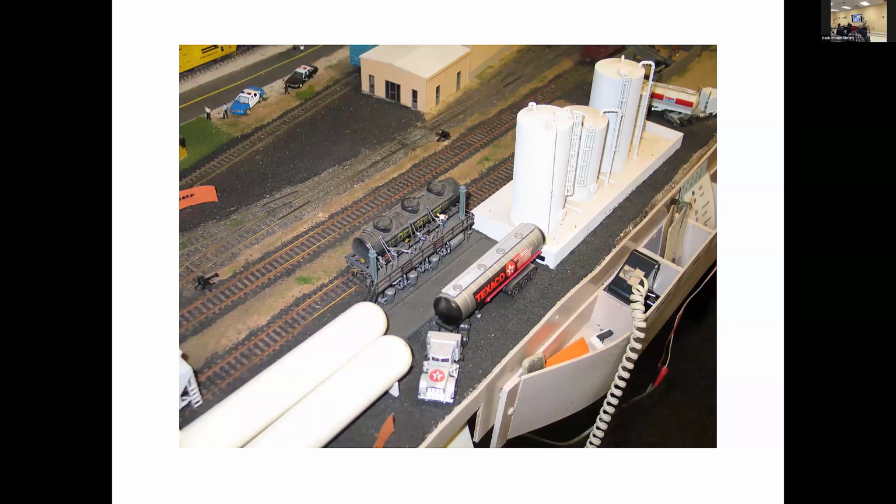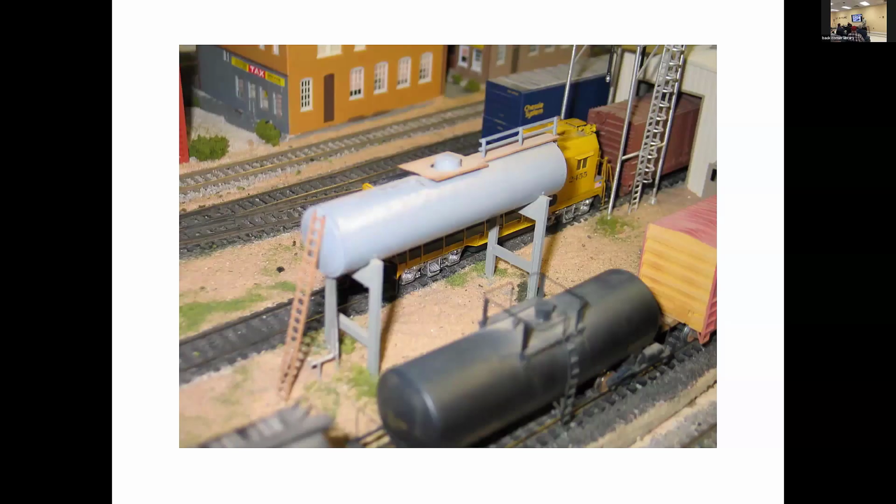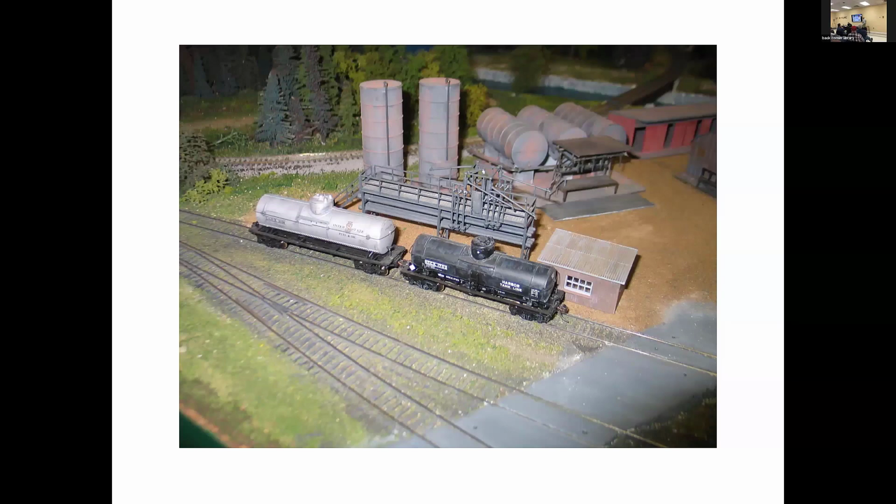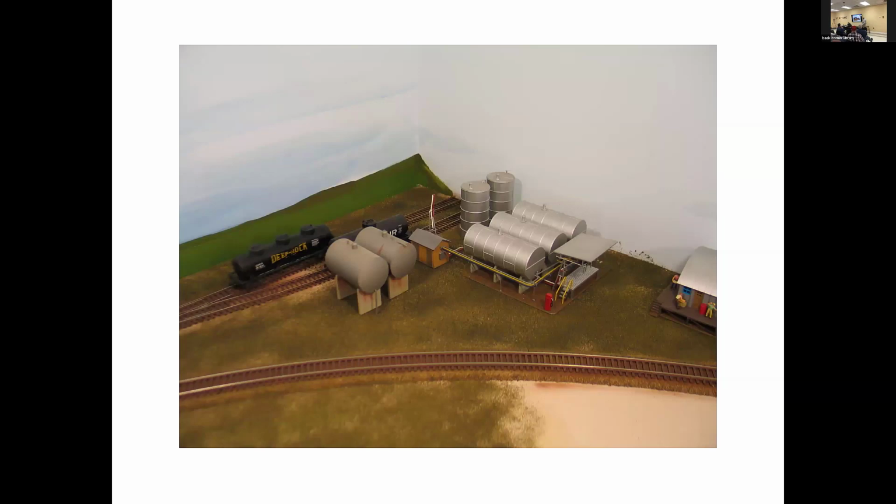From different kinds of things. It's wonderful to look at the Walthers bulk fuel distribution site and see how different people model that and use that kit. You'll see it all over the place. So again, low pressure tank cars, correct. Low pressure tank cars, correct.